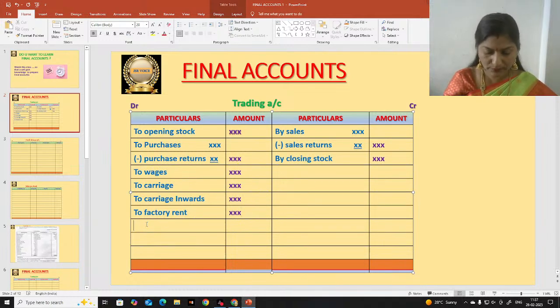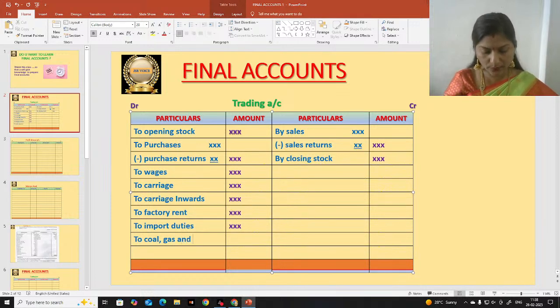The next item that comes regularly here is import duties, and the next item is coal, gas, water.